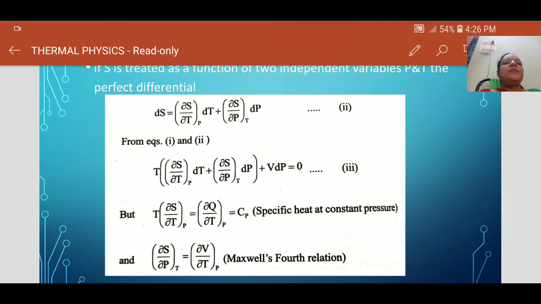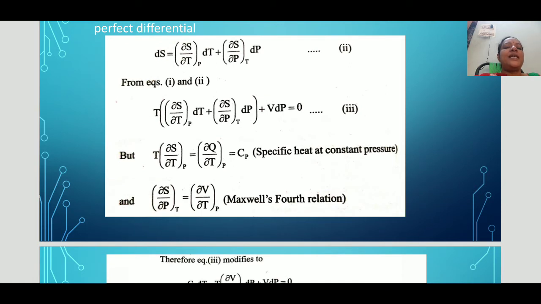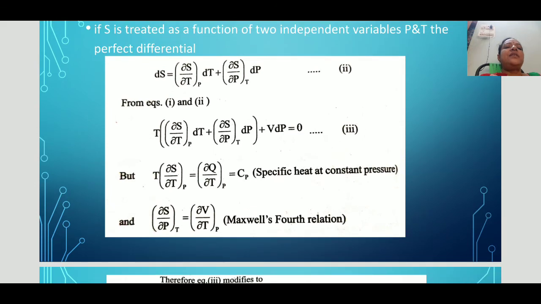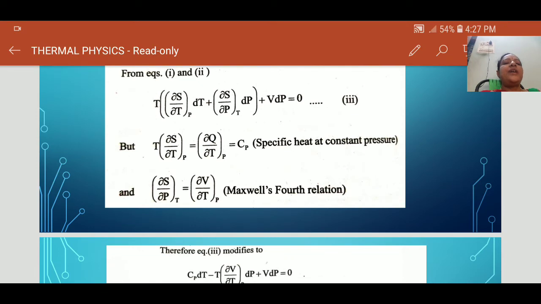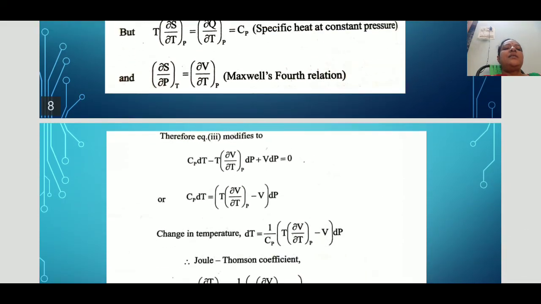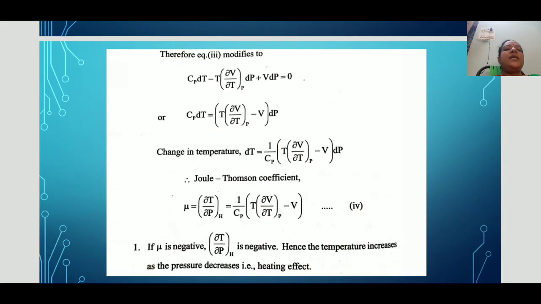Again, coming to the second term in the third equation, dou S by dou P at constant T can be written using Maxwell's fourth equation here. Instead of dou S by dou P at constant T, we are writing minus dou V by dou T at constant P. So the third equation modifies to, just substitute these two values in the third equation. Then the equation can be written as Cp dT minus T dou V by dou T at constant P dP plus VdP is equal to 0.